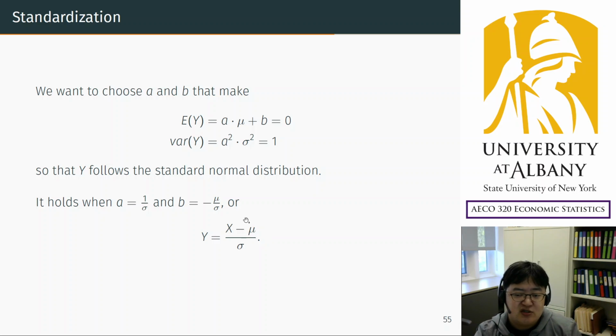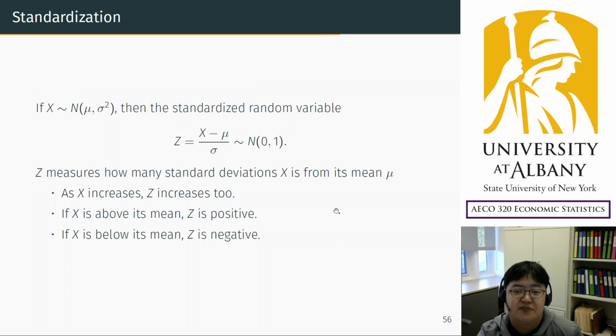As I said, the normal distribution is defined by the central location and the spread. So those two parameters can be handled, standardized, in this way, which is a very natural and easy process to make a normal distribution into a standard normal distribution, right?